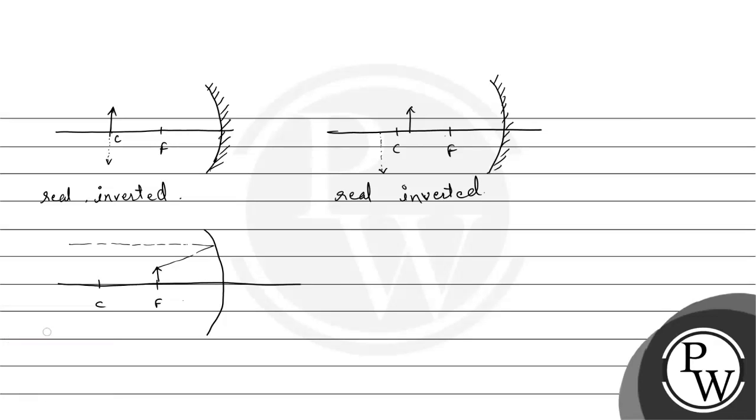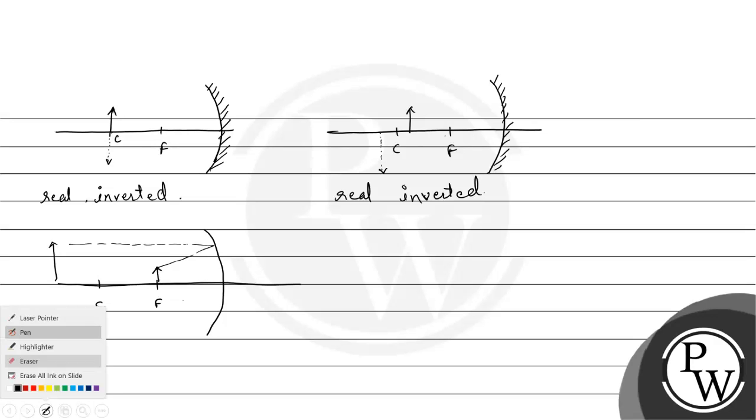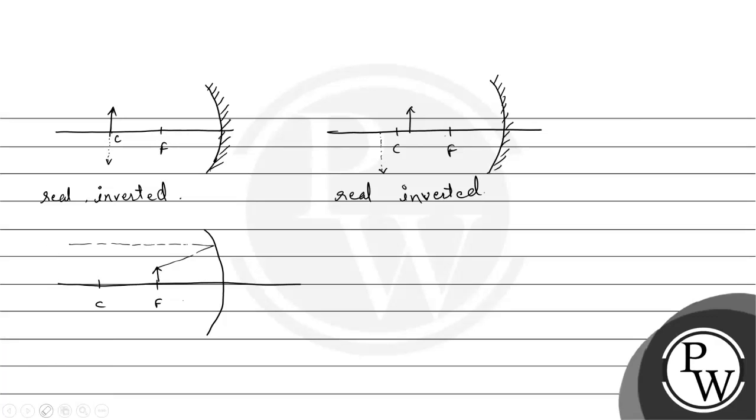Okay, so the image will form somewhere at infinity. We cannot say for sure what will be its size and anything else. So it will go towards minus infinity, we can say, because we take this side as positive.